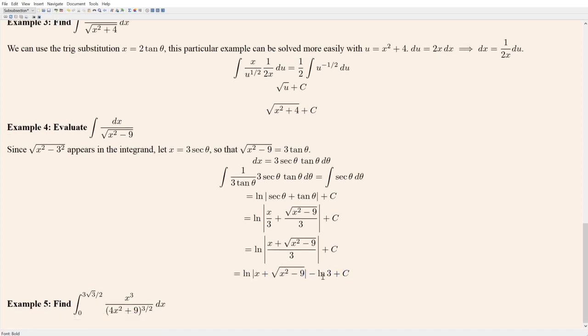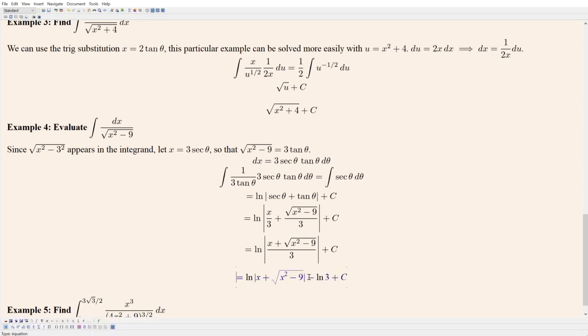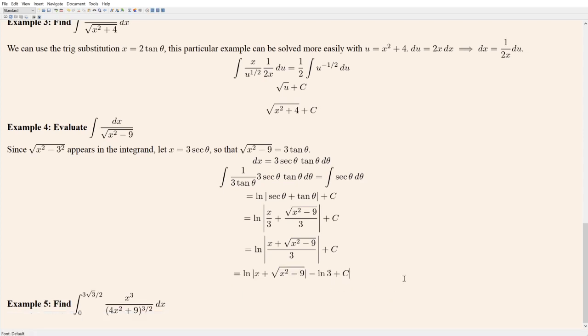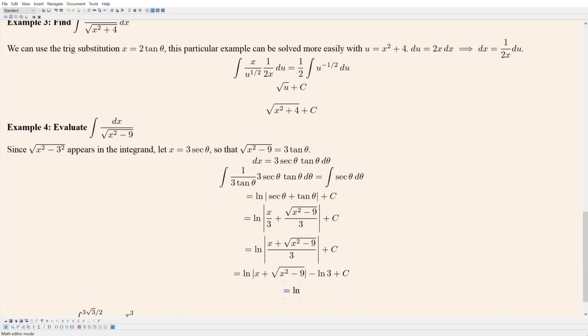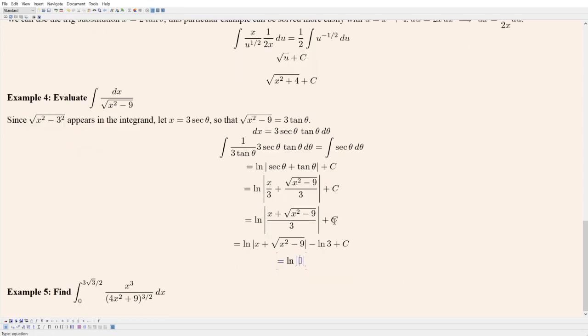Now here's the thing. Log 3 is a constant. Negative log 3 is a constant. C is a constant, and C can be literally any constant. So we may as well take this entire term and just call that C. Because C isn't anything in particular. This is just one big lump that represents all of the constant terms that might be over there on the side. So by subtracting log 3 from it, you're just getting a different constant.